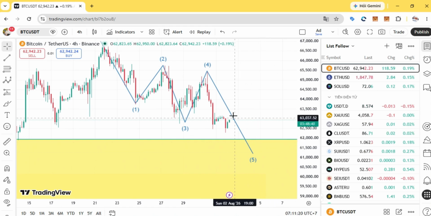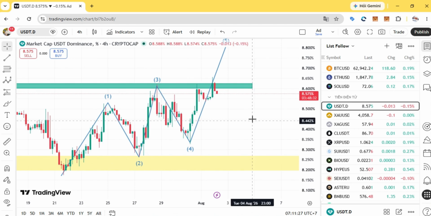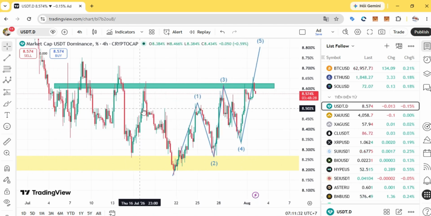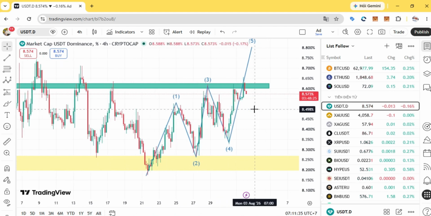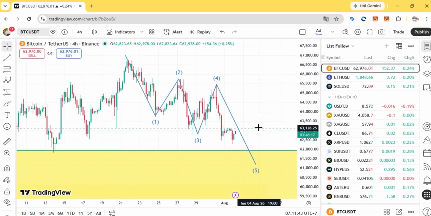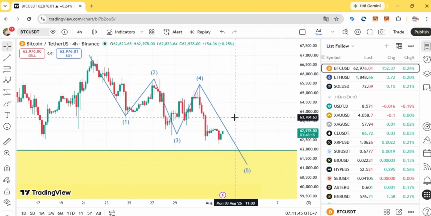And this morning, I think there's a high chance BTC will continue to go up, meaning for USDTD, I'm still expecting it to drop to around 8.5%. Regarding the peak zones, this is the support zone at around 8.5%, and it could even go a bit deeper to 8.48%. So if it drops to that level, I still expect BTC to continue rising to 63.5 thousand or even 63.8 thousand.